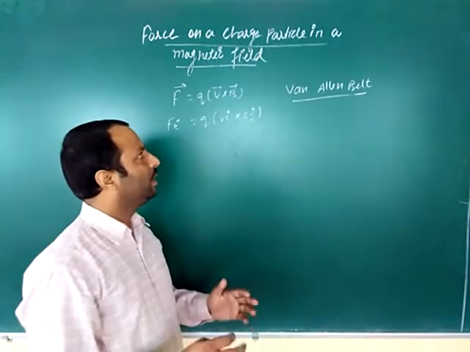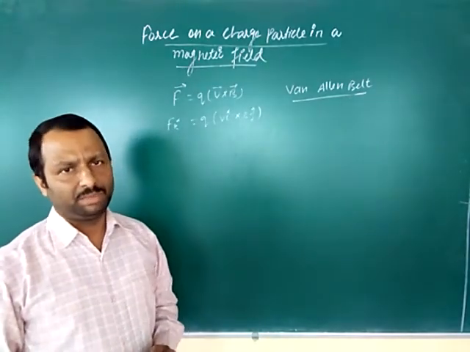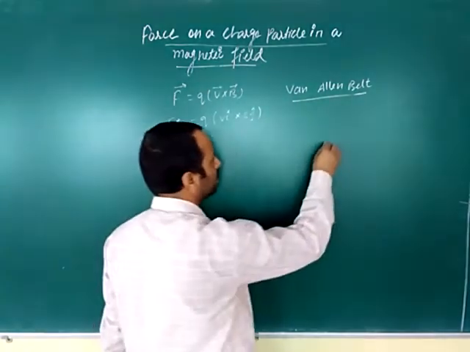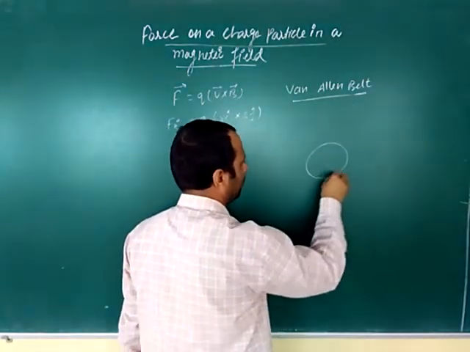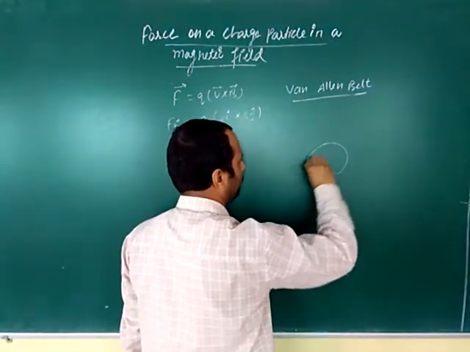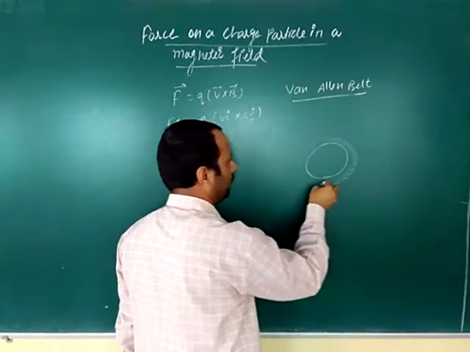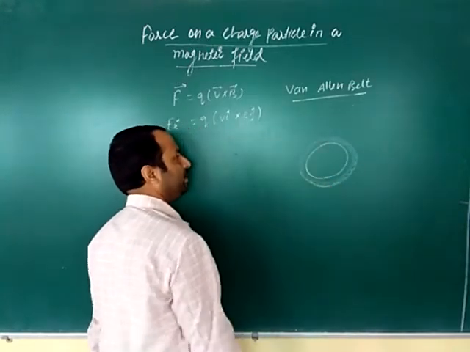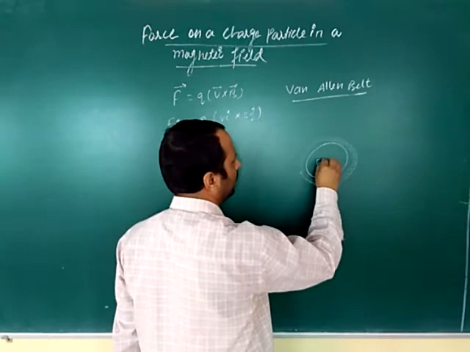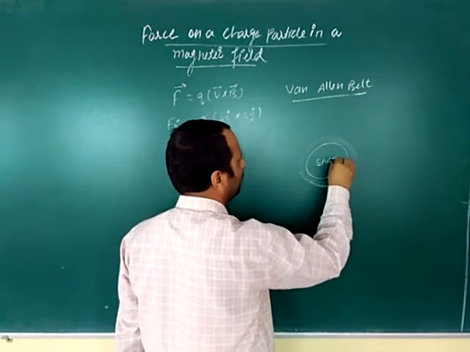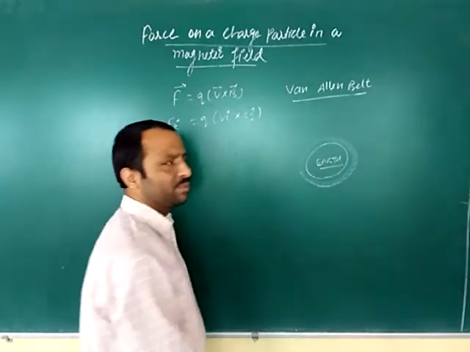So what are the Van Allen radiation belts? See here, this is our Earth, and all of you know very well that a layer envelope of gases surrounding the Earth is said to be its atmosphere.